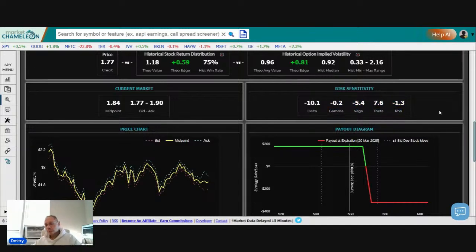I'm not going to get too much into it, but why do we break it down to those sensitivities? Because that's another way you manage your risk, right? How do you manage risk? Part of trading is managing risk. It's not just doing trades, it's managing your risk. But to manage your risk, you have to know what your risk is.